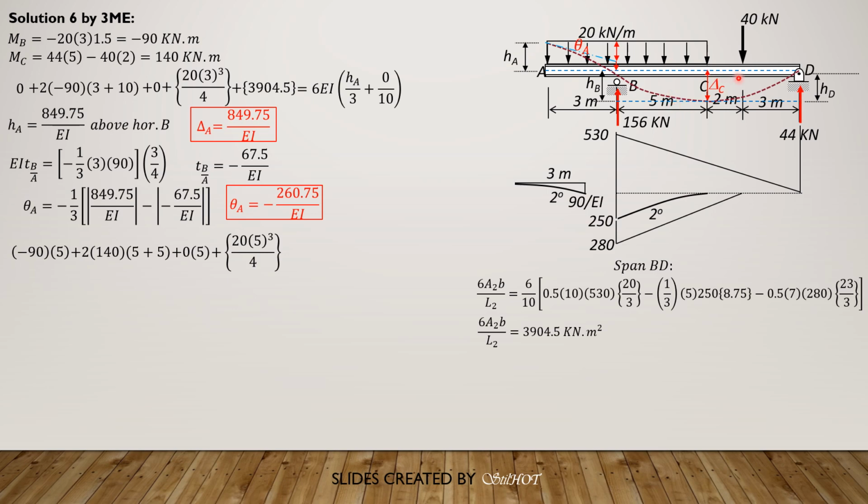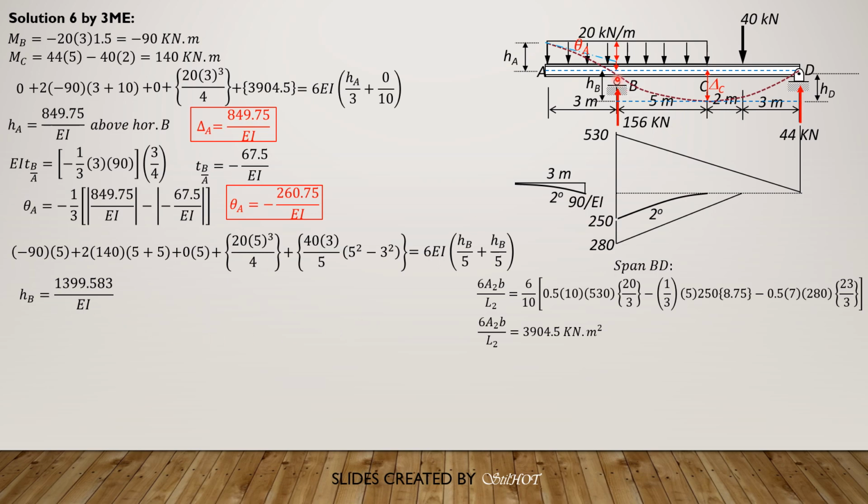Then 6A2B over L2, because that's a concentrated load only. So we use the formula PB over L, quantity L square minus B square, or 40 times 3 divided by 5 times quantity 5 square minus 3 square. Then equals 6EI times HB over 5 plus HD, which is equal to HB over 5 also, because span CD is 5. So solving for HB is positive 1399.583 over EI.